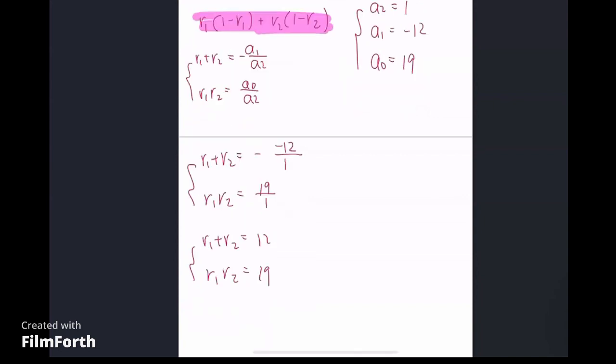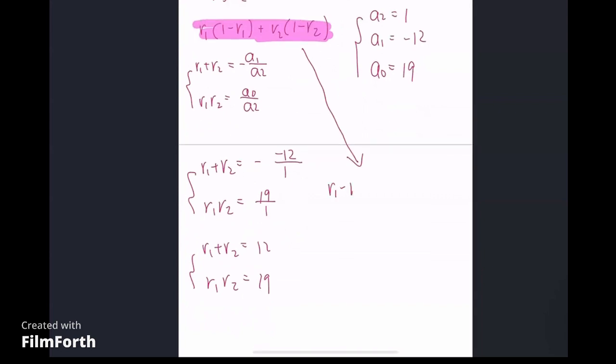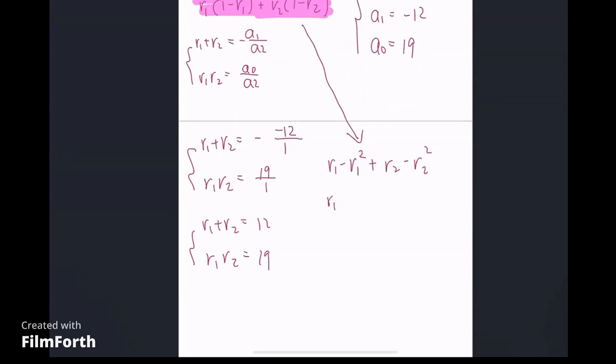Let's take a little sidetrack and expand this value. What should that be? Is everyone familiar with this? I think everyone should be good with that. We can write this as this.